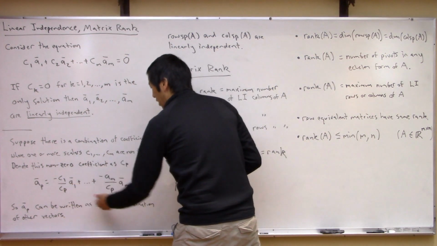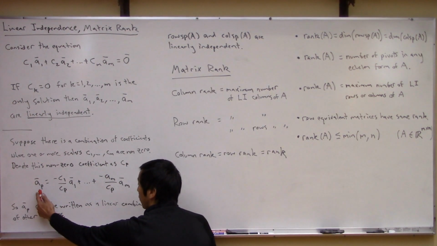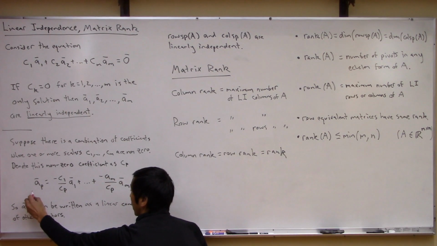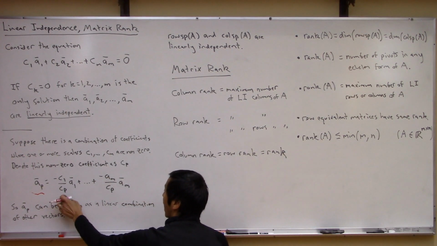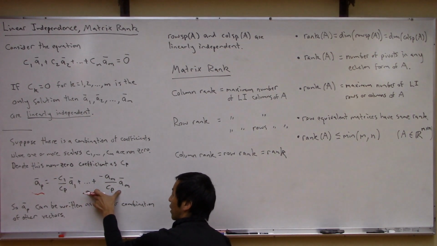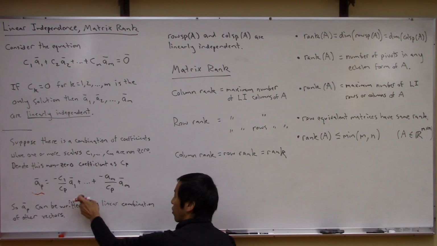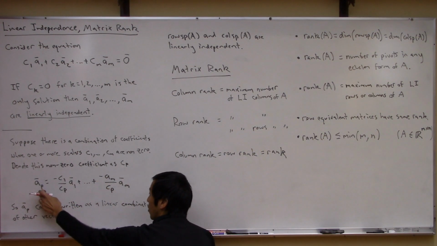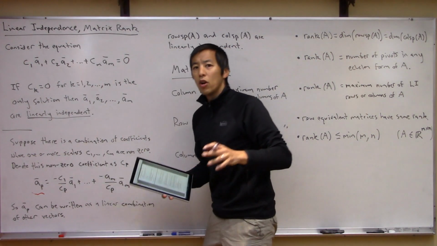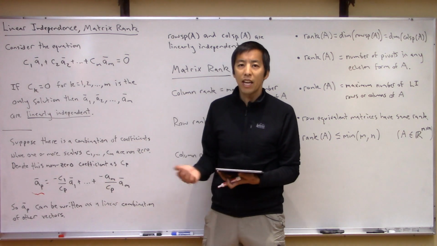If you look at this and ask what it means, it says that this vector Ap can be written as a linear combination of the other existing vectors A1 to Am. Therefore Ap is somewhat redundant, in the sense that it's not adding any new information.